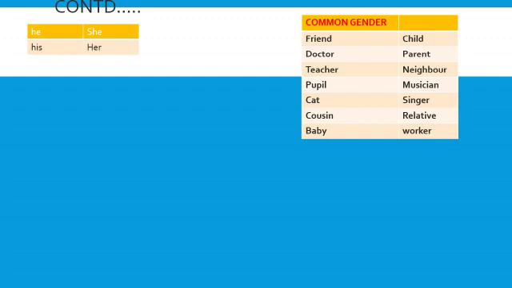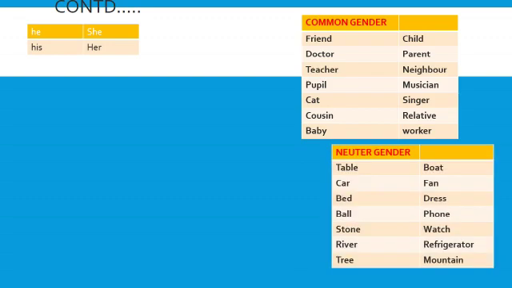Now, when you talk about all these words, for example, neighbor, a neighbor can be a male neighbor or a female neighbor. But the word that we use falls in the category of common gender. You do not specifically say it should be he or it should be she. No, it can be anything, either male or female. So that's a common gender.